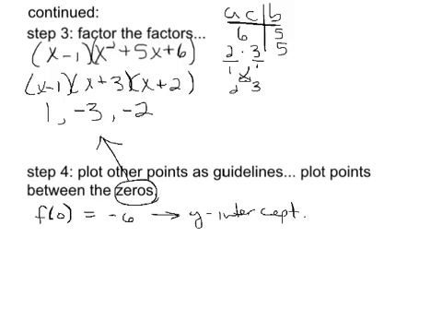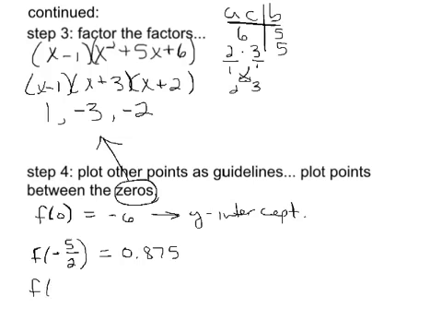I just want to find one more point. So I'm going to do the point in between -2 and -3. So I'm going to evaluate at -5/2, which is -2.5. -2.5 is between -2 and -3. If I plug that in, you have to trust me on that, or plug it in your calculator.